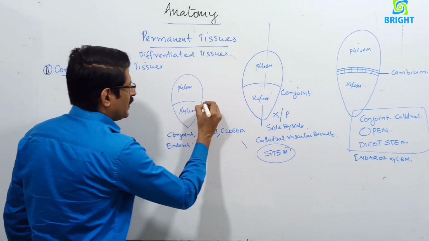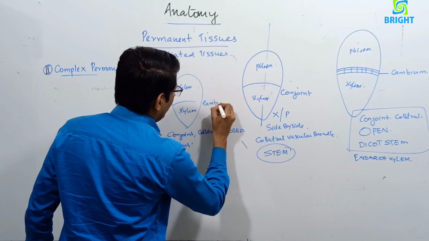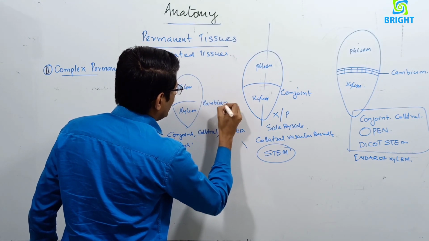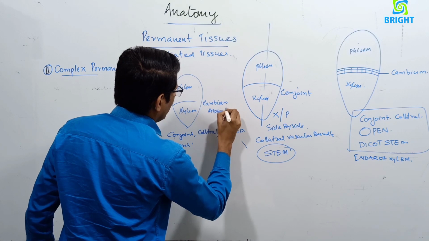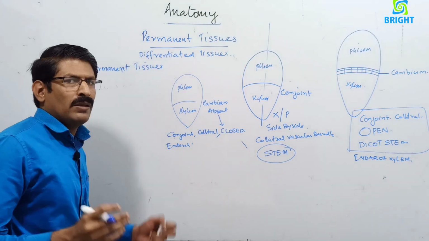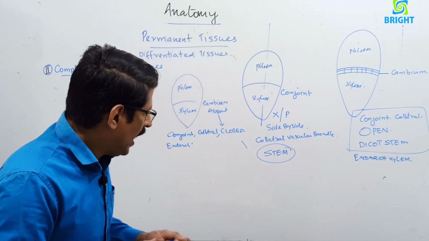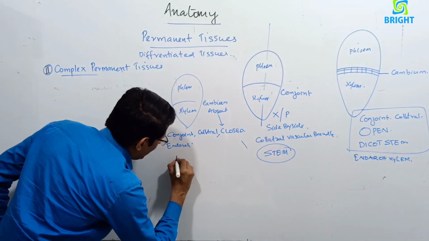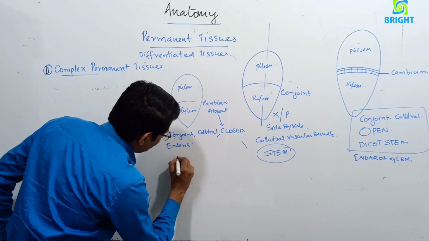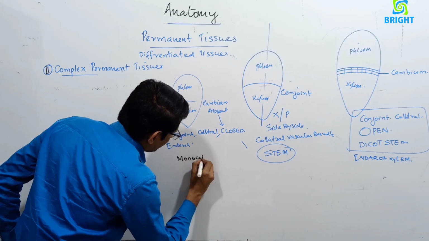When the cambial strip is absent, then it is called closed vascular bundle. Secondary thickening is closed. It cannot undertake secondary thickening, and it is a characteristic of monocot stem.